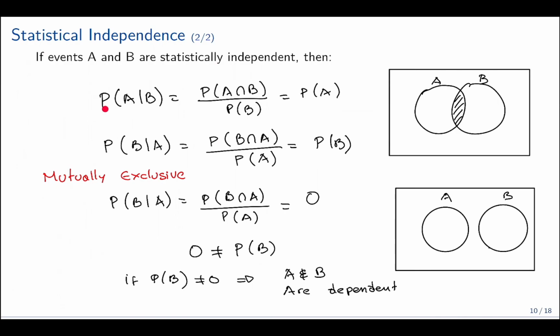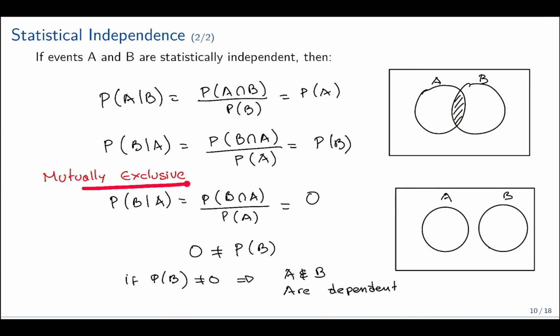So, by definition, the probability of A given B is equal to the probability of the intersection divided by the probability of B. And by definition of independent, this should be equal to the probability of A. If we swap B and A, the probability of B given A is equal to the probability of the intersection divided by the probability of A. And as it is independent, that should be equal to the probability of B. So notice that for the two events A and B, the intersection is different from 0.